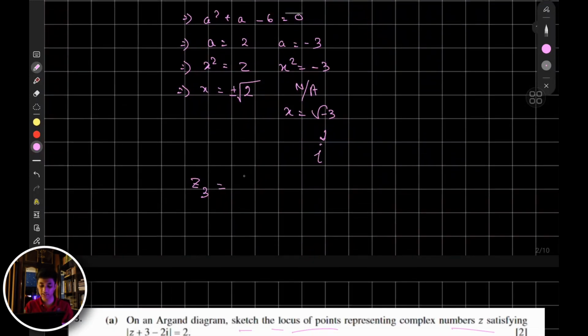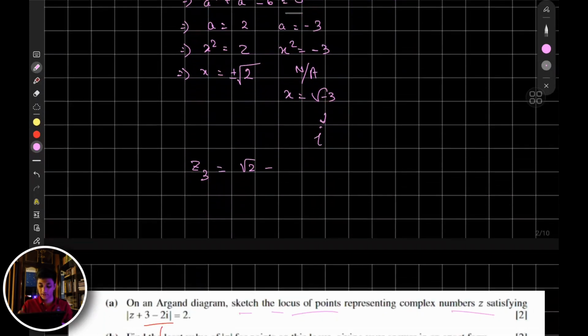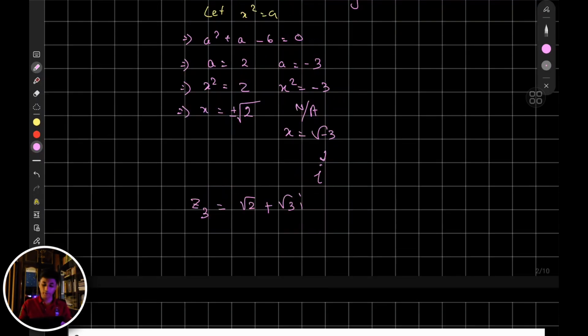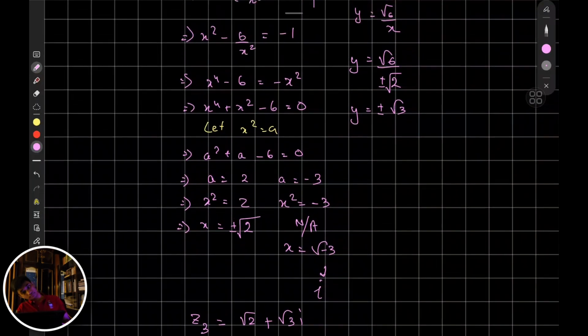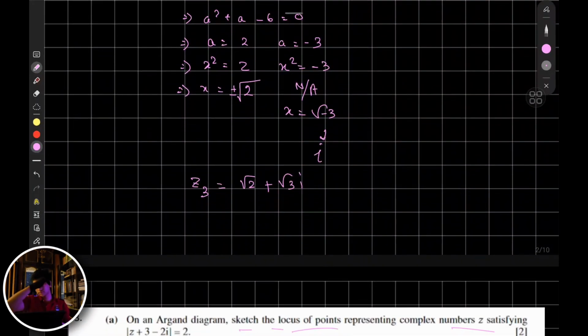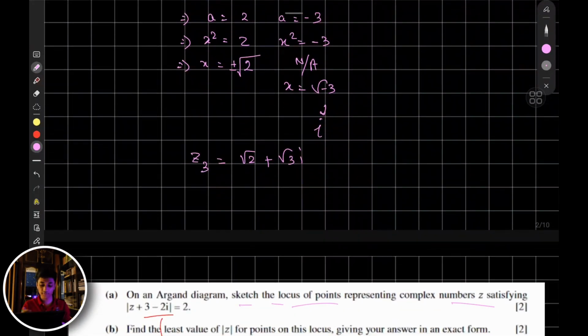So we can say root 2 plus root 3i is the answer. If I take the other value of x, which is minus root 2, we are going to get minus root 2 minus root 3i.